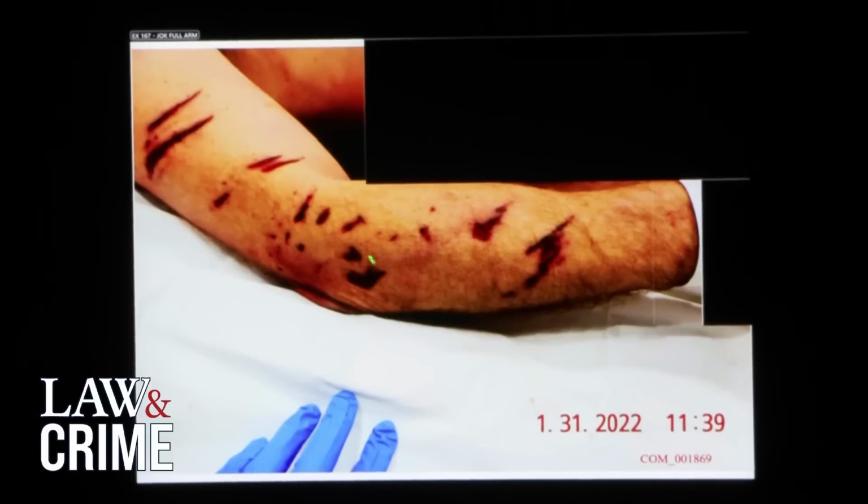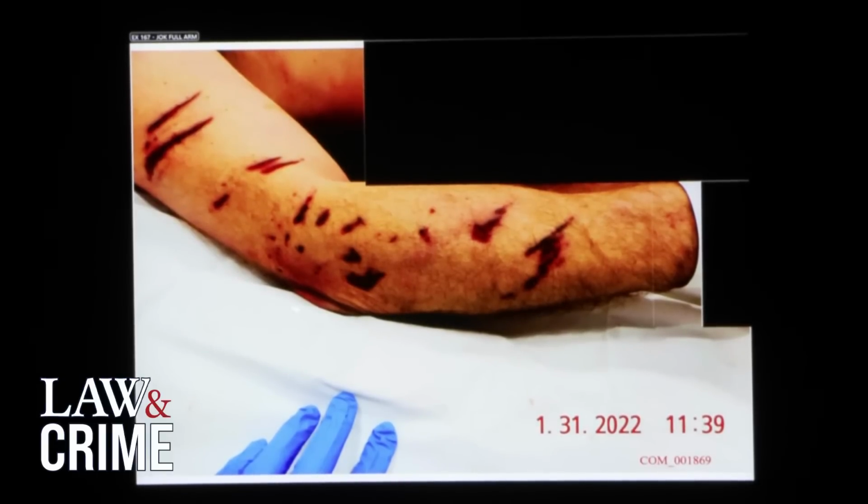Here's an interesting, complex grouping at the elbow. These are all the posterior surface of the arm. And there's another grouping down here on the forearm. These multiple groupings are patterns, and they were, in my opinion, inflicted by the teeth and claws of a dog.